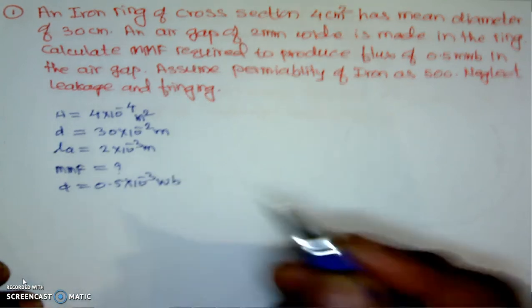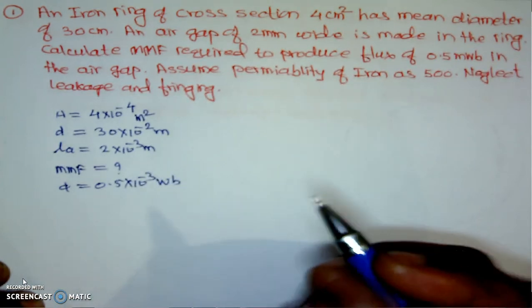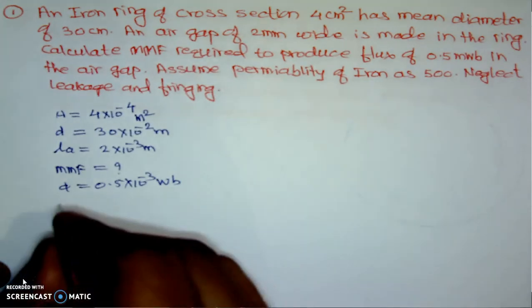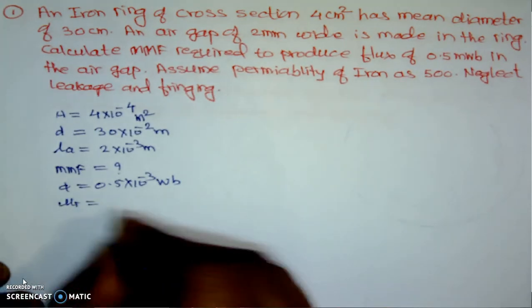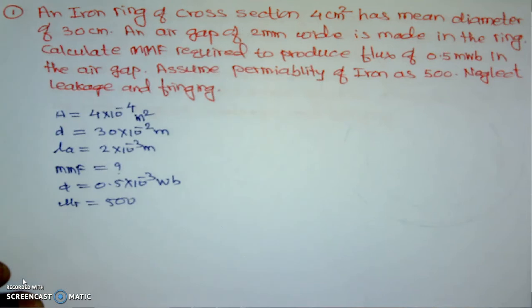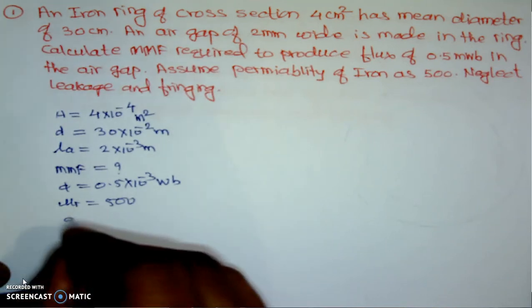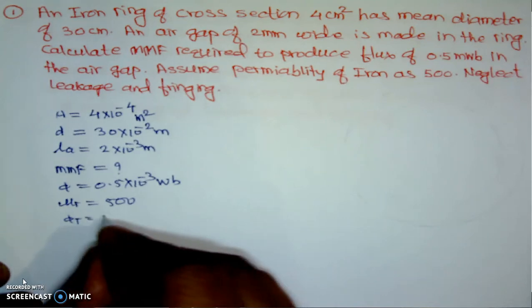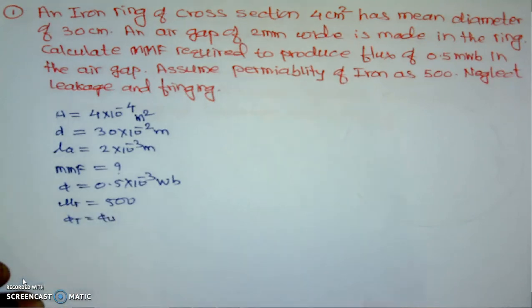Assume the relative permeability of the iron is given as 500. Neglect the leakage and fringing means that the total flux is the same as the useful flux; the flux in the air gap is the same as the flux in the iron core.